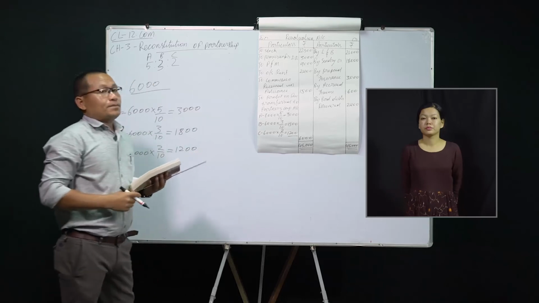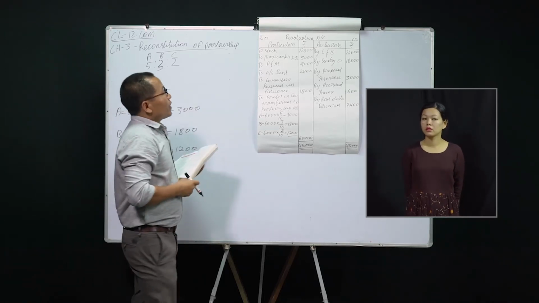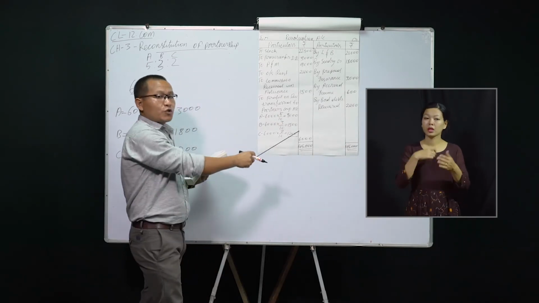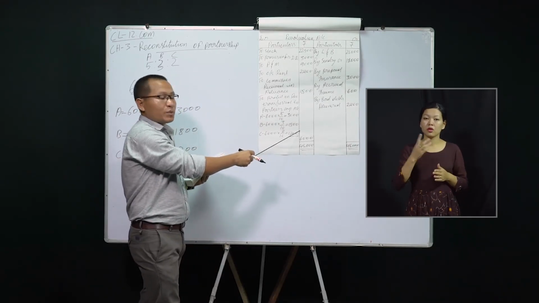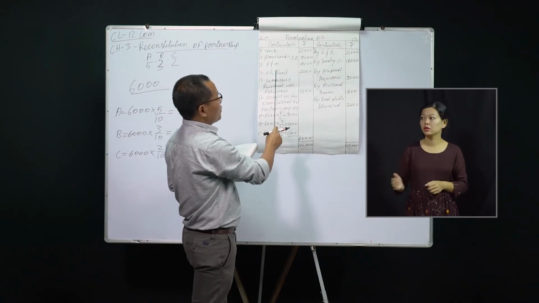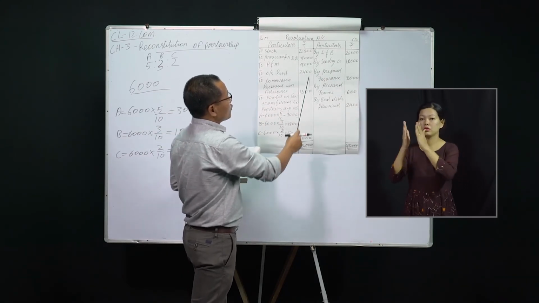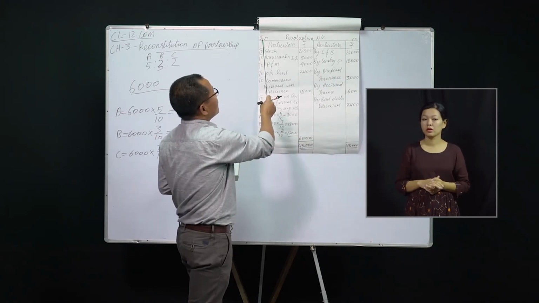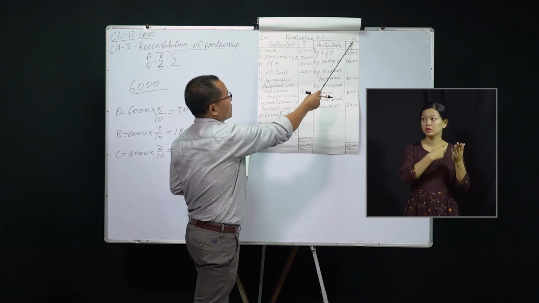Here, under the revaluation account, once you finish the journal, it is very easy to prepare. We have 4 columns: particulars, rupees, particulars, then rupees. On the left side it is debit, and on the right side it is credit.